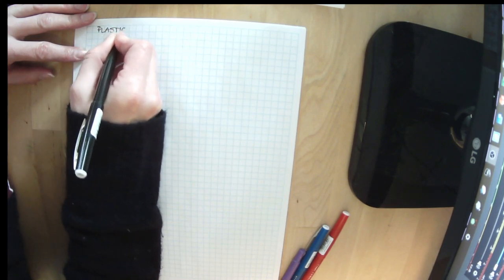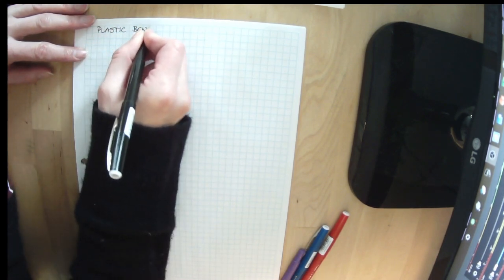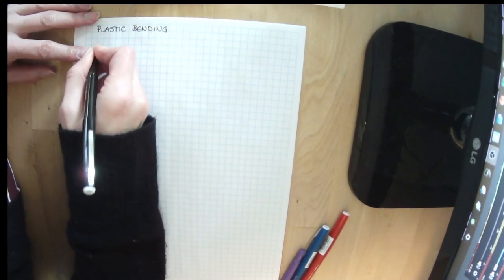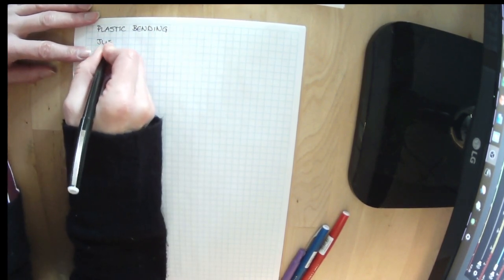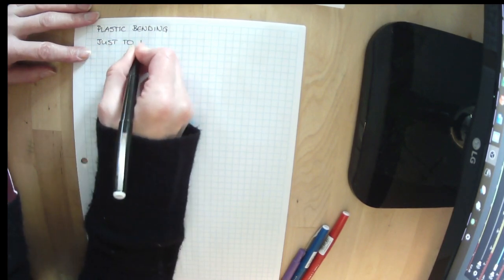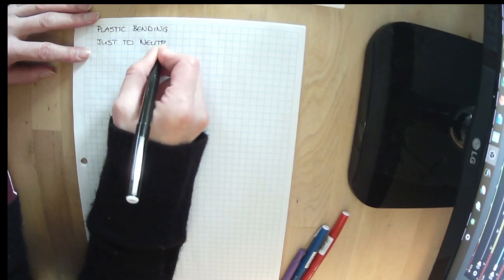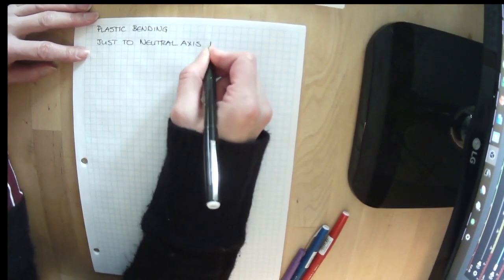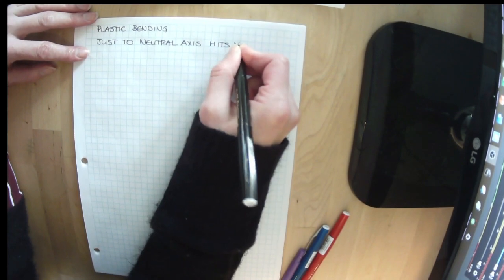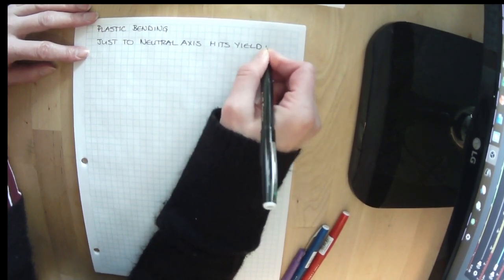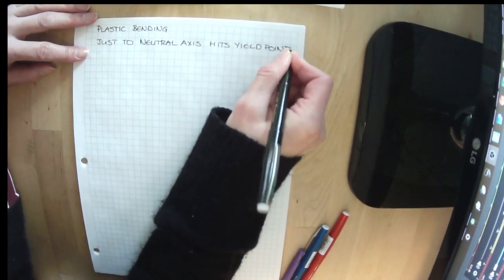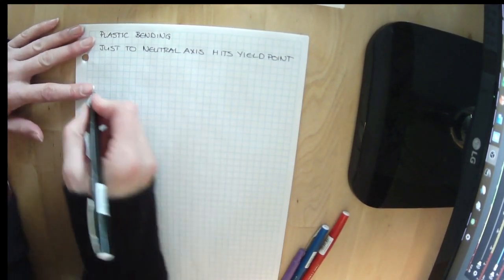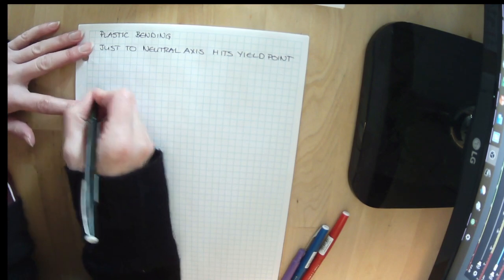So this is plastic bending, just to the neutral axes, its yield point. So we're going to let that maximum stress get all the way down to just at the neutral axes.